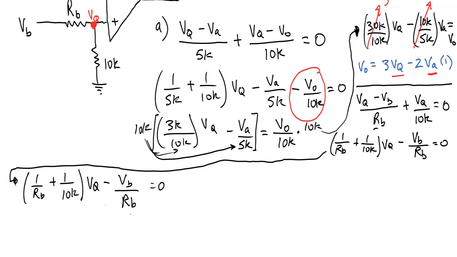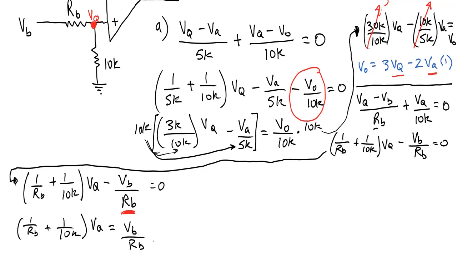So let's move this VB over RB term over. Well, let's do that step first. So we will get 1 over RB plus 1 over 10K, VQ, is equal to VB over RB, because we added that VB over RB to both sides to cancel it out.